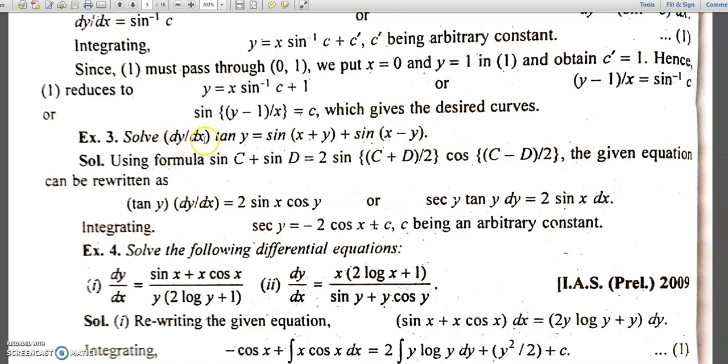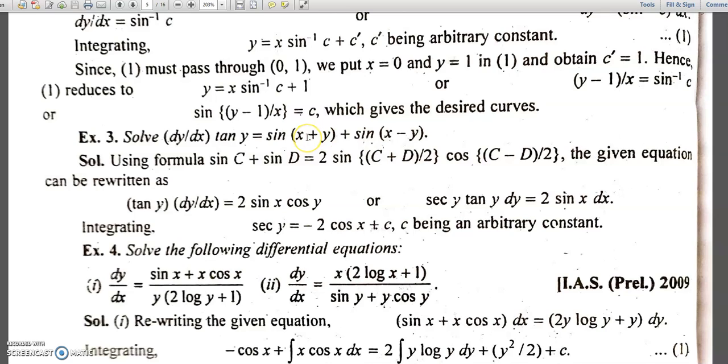What is given? (dy/dx) tan y = sin(x + y) + sin(x - y). See here, x + y and x - y are inside the sine function. So by only seeing this problem, you cannot determine whether we are able to separate the variables or not.